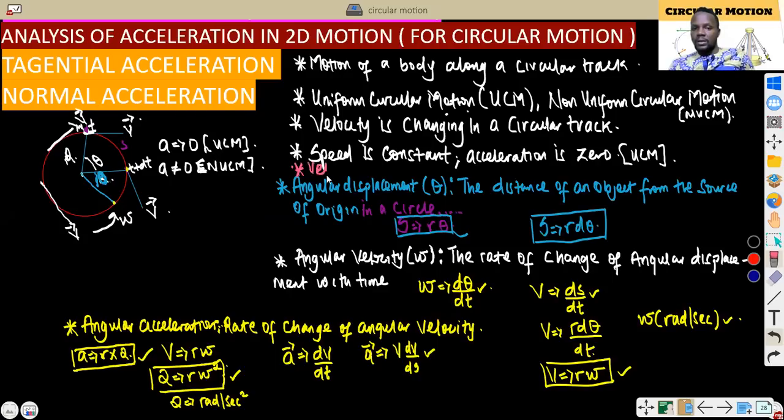Velocity is always tangential to the circle. At any point in time you look at velocity, it is always lying in form of a horizontal line along a circle, outside the circle, which is called a tangent. So you need to keep that in mind.